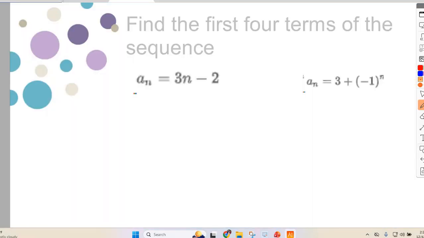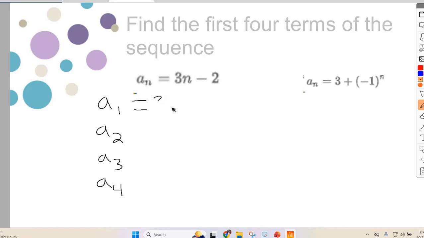Given, so a sub n again is our general term, and basically this is the rule that our numbers are going to follow. So if I want to find the different terms in it, on this one we're looking for the first 4, so a sub 1, a sub 2, a sub 3, and a sub 4, we just plug in our 1, 2, 3, 4 into our equation or rule, and that will give us the term.